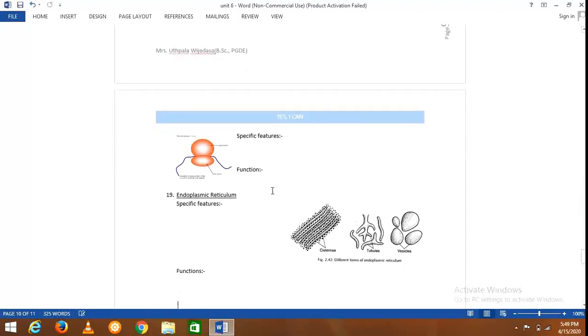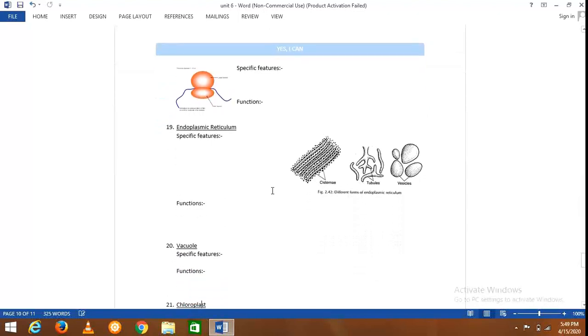Then we are moving on to the endoplasmic reticulum. It is again a membrane bound organelle. It is a network made up of flat or tubular sacs like this. And when ribosomes are attached to this endoplasmic reticulum, we call it rough endoplasmic reticulum, or RER.